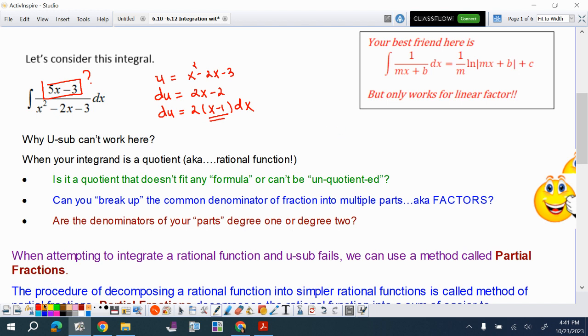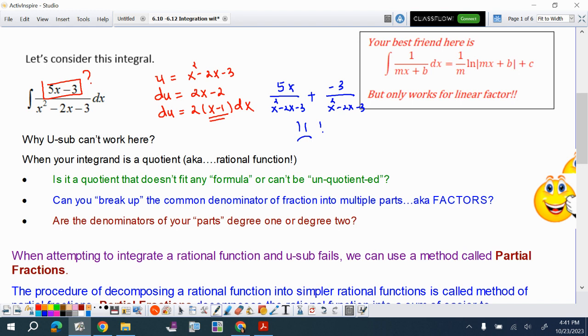So let's think about whether I can split it into 5x over x squared minus 2x minus 3 and negative 3 over x squared minus 2x minus 3. And clearly this one also doesn't work here.